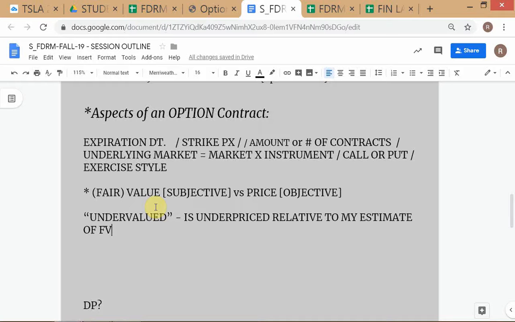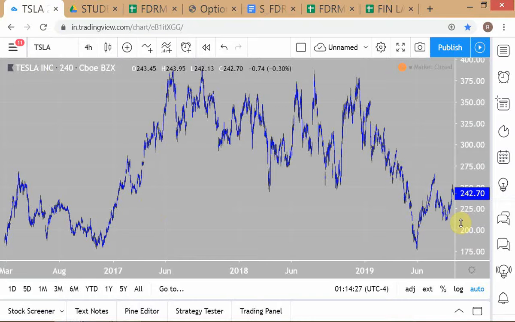So when you say undervalued, what you actually mean is that the market does not value anything, the market prices it. So you have to be careful about the use of price versus value. When she says that Tesla is undervalued at $243 because my estimate of fair value is $2,500, what she actually means is that Tesla is underpriced relative to my estimate of fair value.